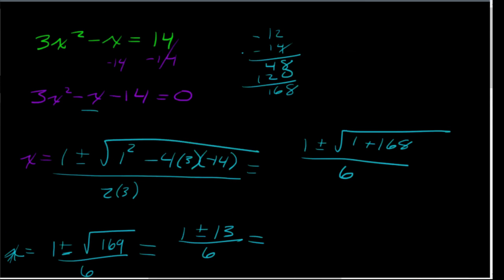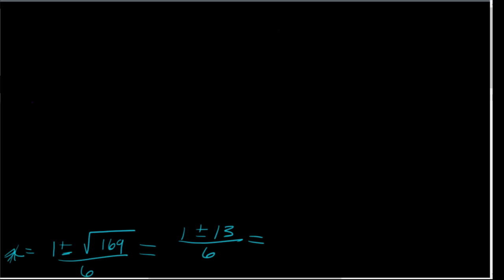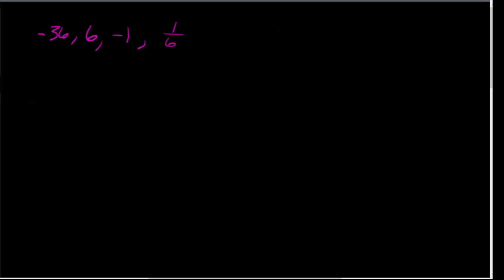Alright. Number 25 asks us to find the next term in our sequence. If you've noticed, they're multiplying each of these by negative 1/6.